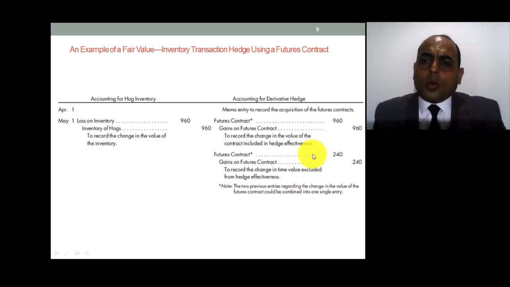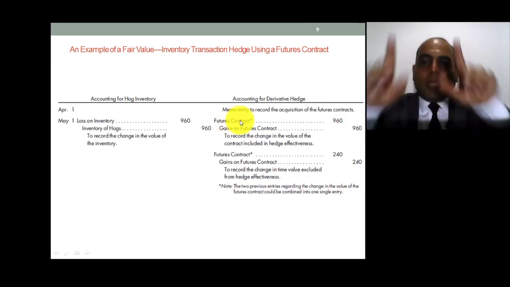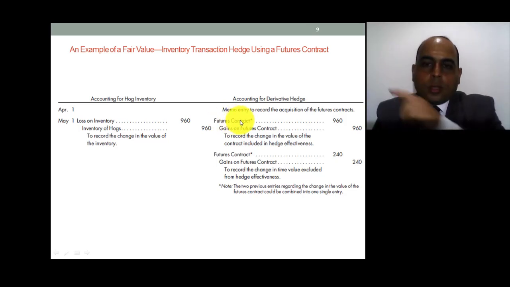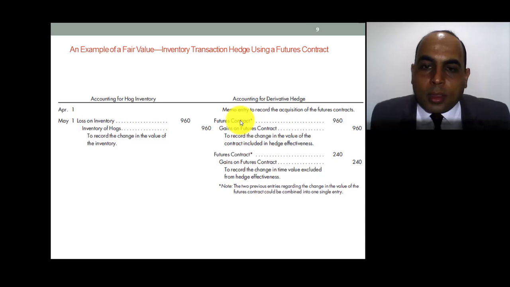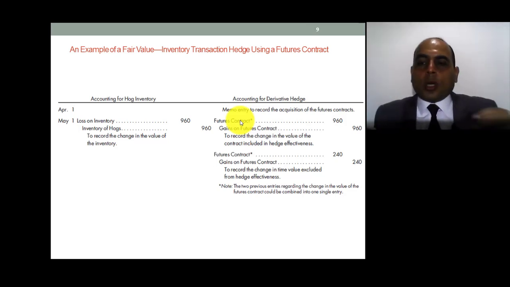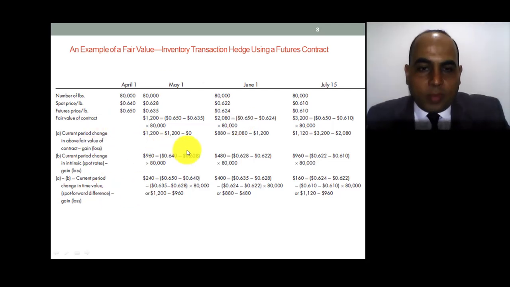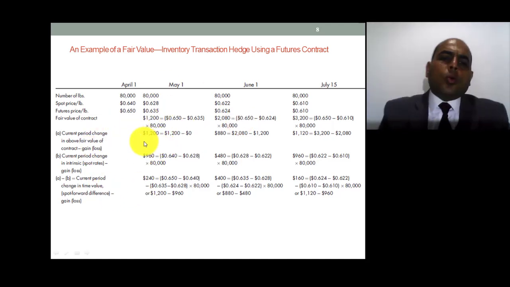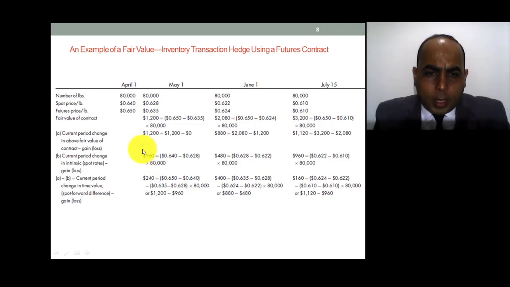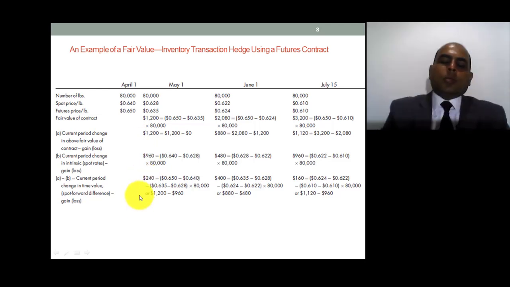Or you can record it as one entry: future contract debited by the total amount 1,200. On the other hand, gain on future contract credited by 1,200, the amount we have calculated here. Or you can record it by showing the detail of the amount.